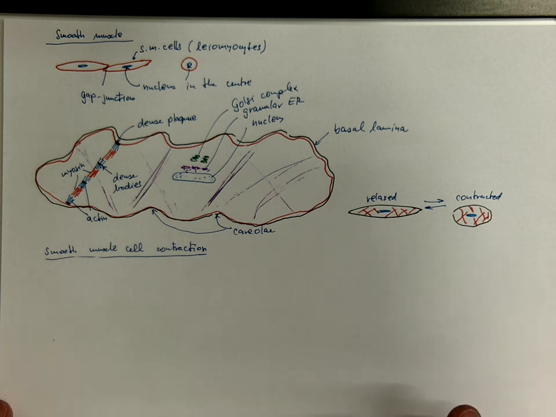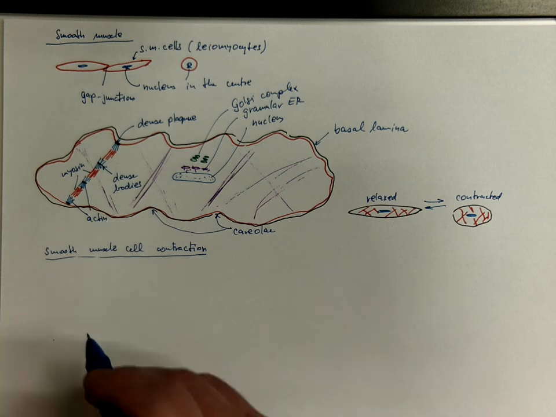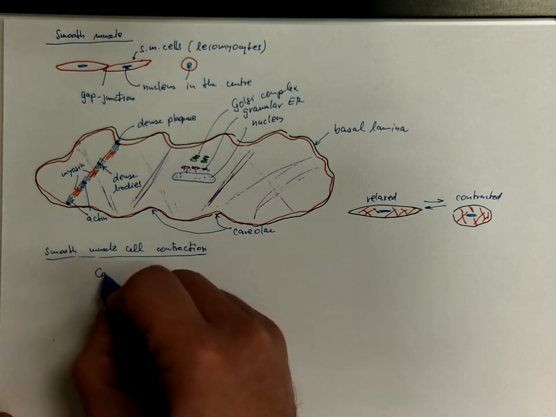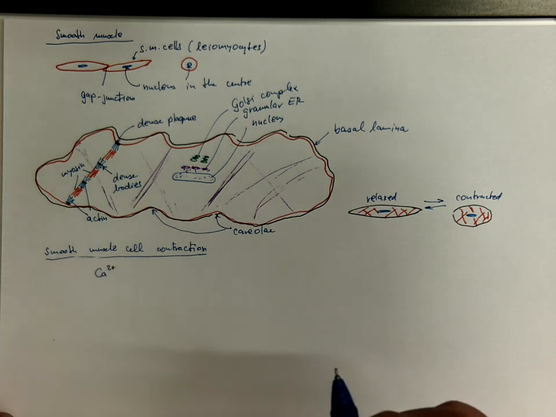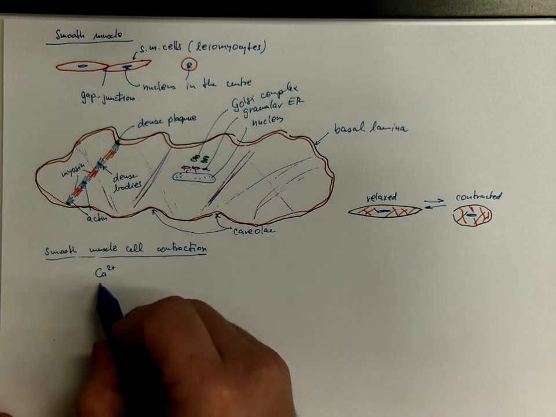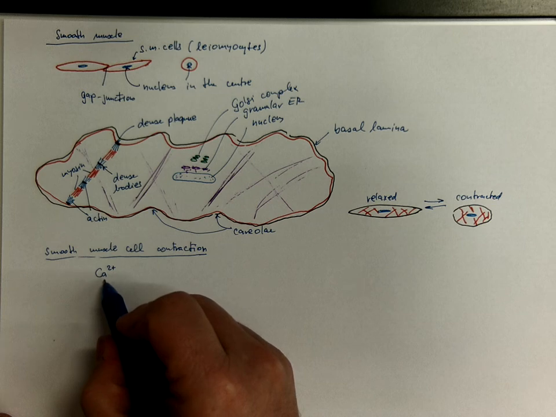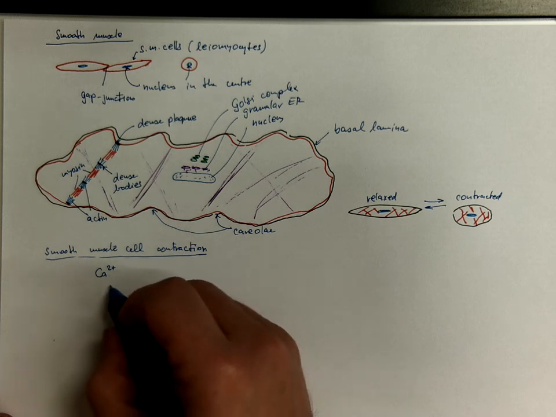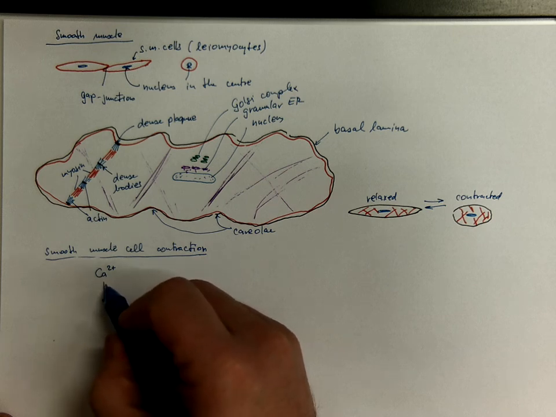It will be discussed in more detail in physiology classes, but just the basics for the purpose of histology classes, calcium again triggers the whole process. That's similar to the sarcomeric muscle. However, it doesn't bind to troponin. There is no troponin in smooth muscle.